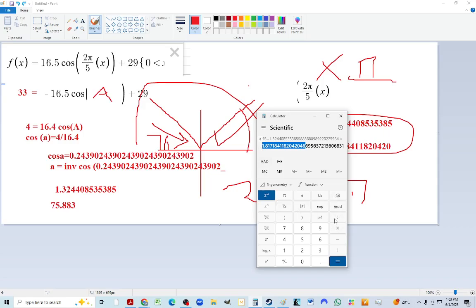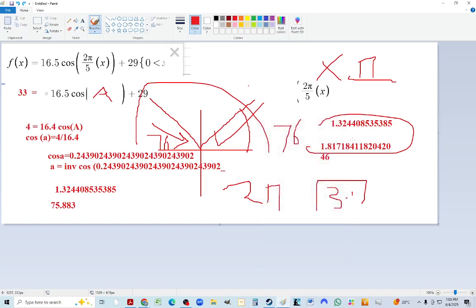So if I divide this by pi and multiply by 180, I should get my degrees. There we go, the 104. And then when I subtract 180, I'll get my original 75.8.